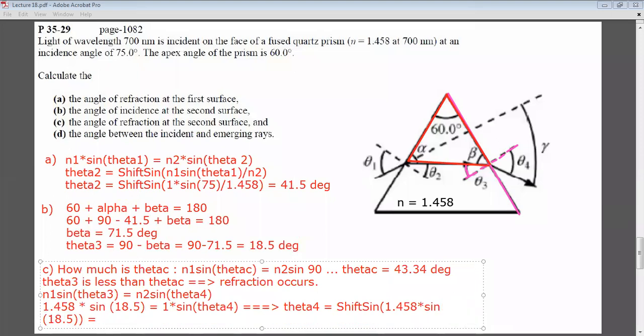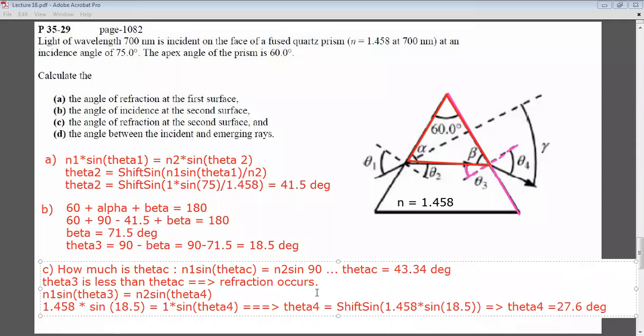And this gives us theta 4 equal to 27.6.